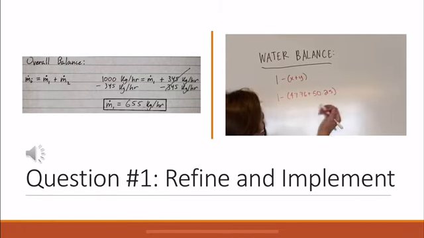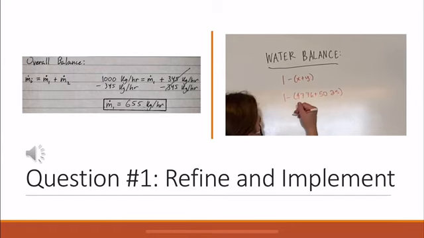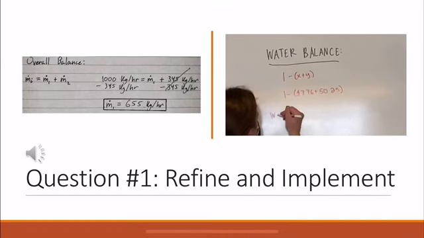Finally, we substitute the decimal values for x and y into the water balance formula and get a weight percent of 1.99.